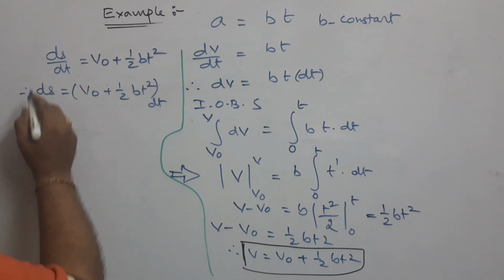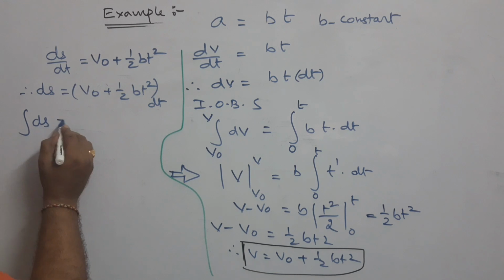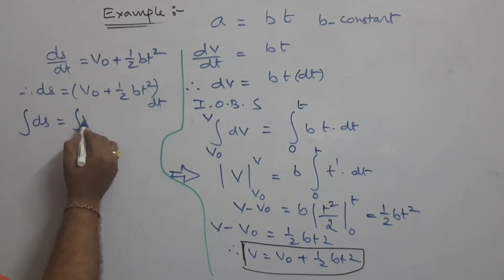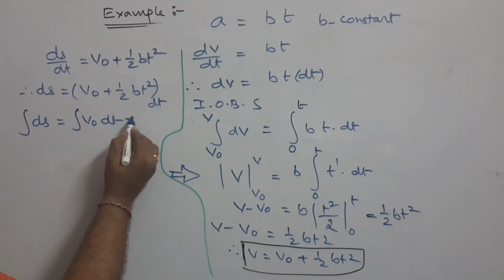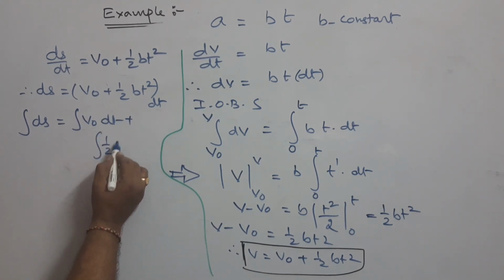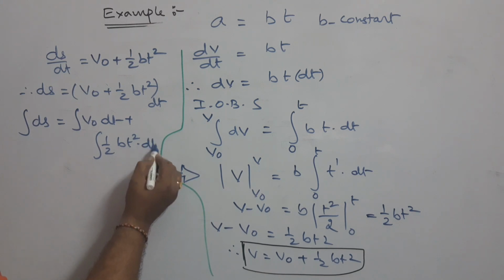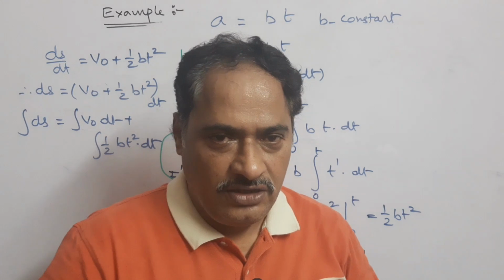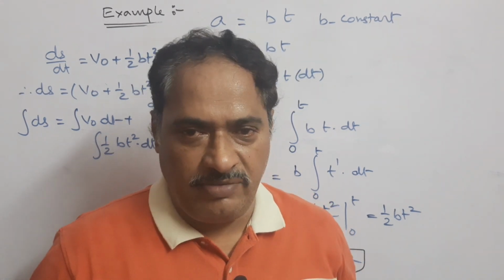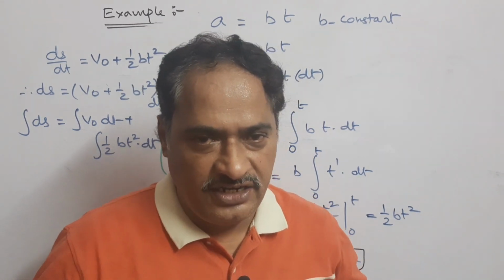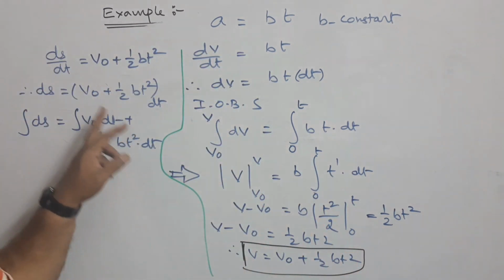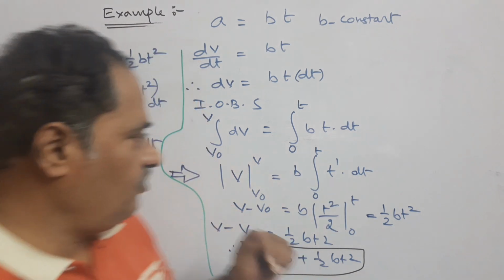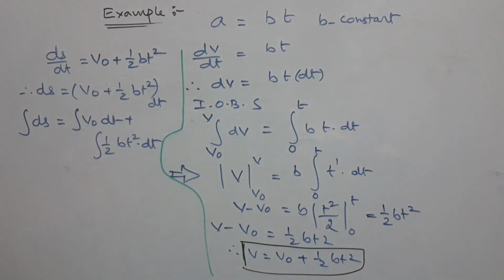Directly I can write integral ds is equal to integral v0 dt plus integral half bt square dt. Even in the case of differentiation we discussed u plus or minus v plus or minus w, you can differentiate separately. Here also this is a combination of two quantities, so you can integrate separately.